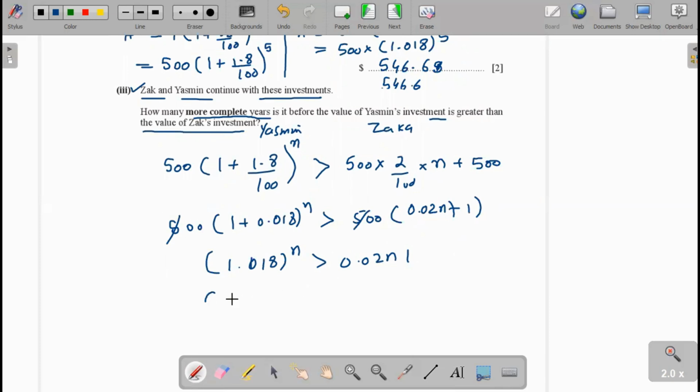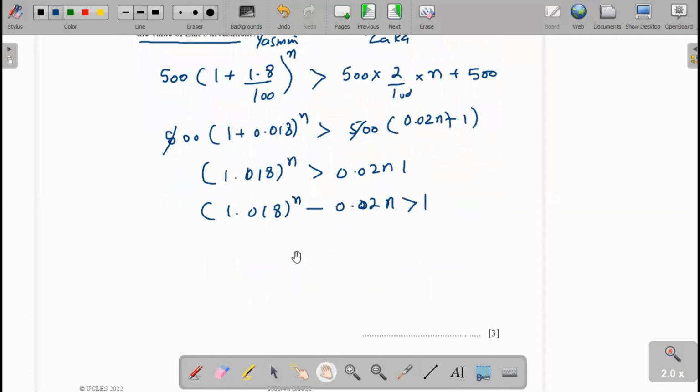Now we can write it as 1.018 to the power n minus 0.02n greater than 1.